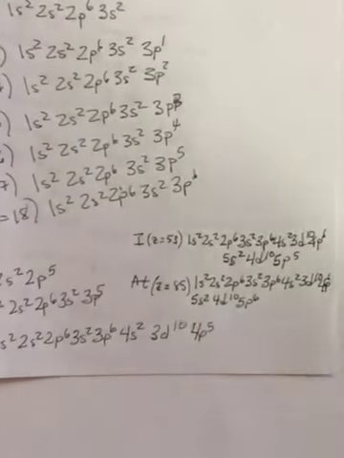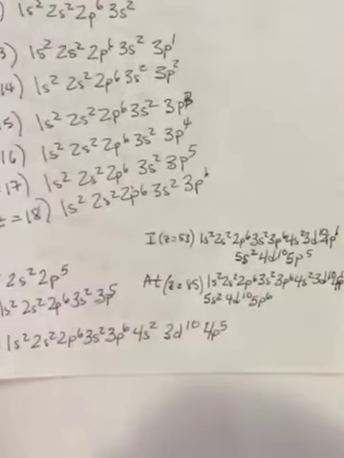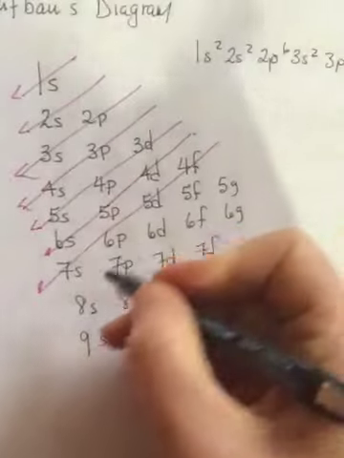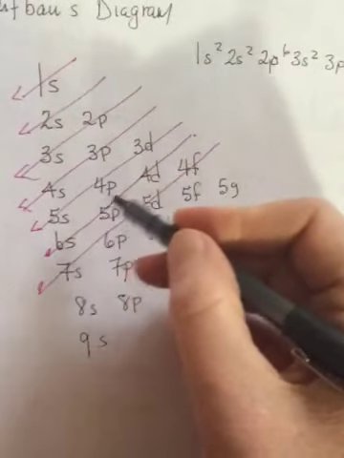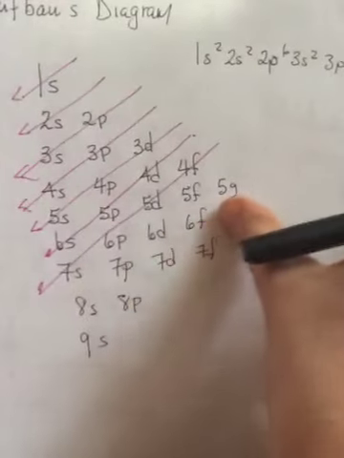I don't have the diagram in front of me, but I'm looking for it. Oh yes, there it is. So then after the 5p6, here I go to 6s and then 4f, okay?